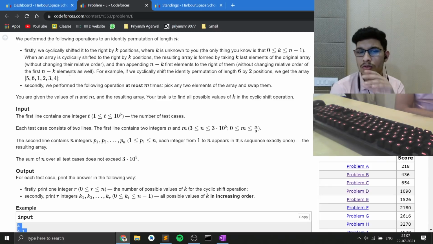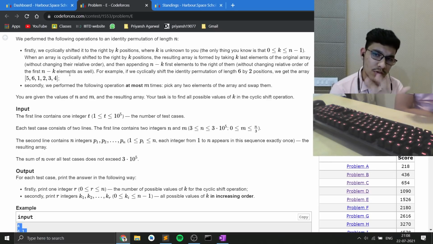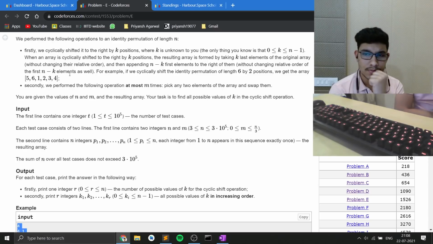Okay. So even if we have all the cycles of length 2, so we can have at most 2n by 3 elements, yeah, we can have at most 2n by 3 elements which are not at the right places. So at least n by 3 of them should be on the right places.